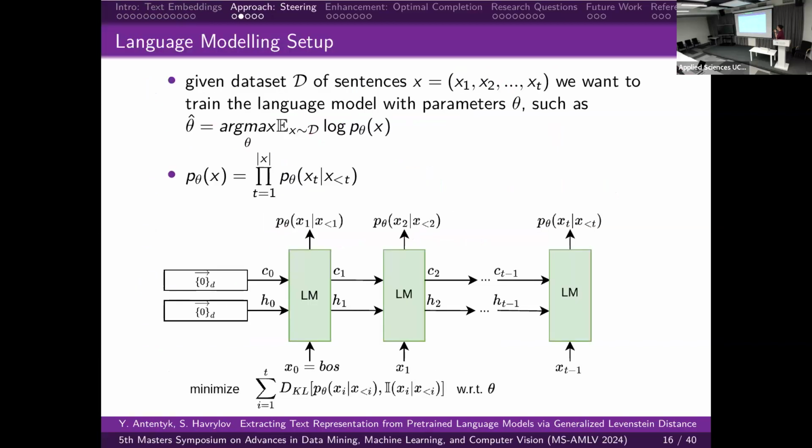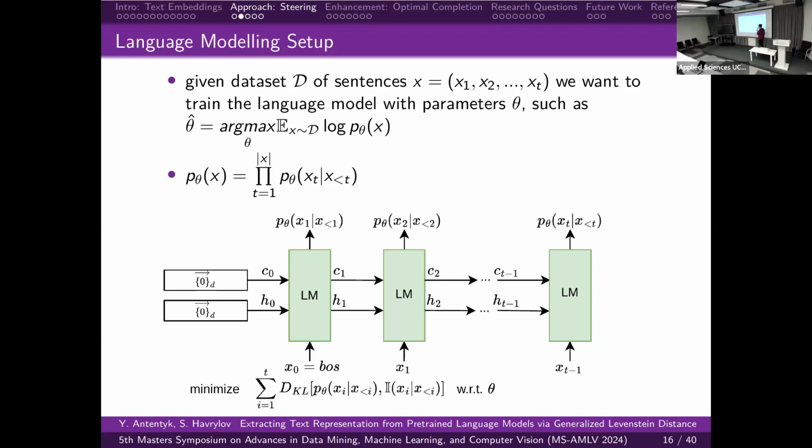on what is language modeling. We are given a data set of sentences, and we want to train the language model with parameter theta such that it maximizes the expected probability of a sentence. Basically, that's straightforward. The probability of a sentence is just a product of probabilities of a token at timestamp t conditioned on all the previous tokens.